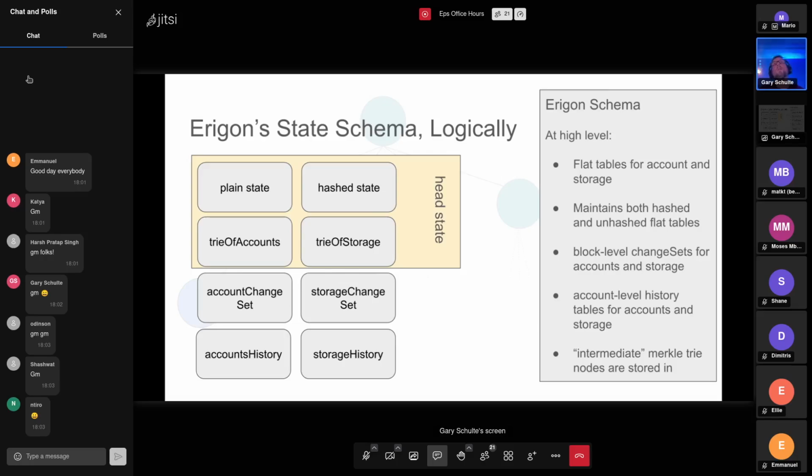Say we want to know what it looked like at block 12, and it was changed in block 4. You can go to this account history table and say, give me the most recent version of this account based on block. I'm looking at the state at block 12. What's the state of this account?